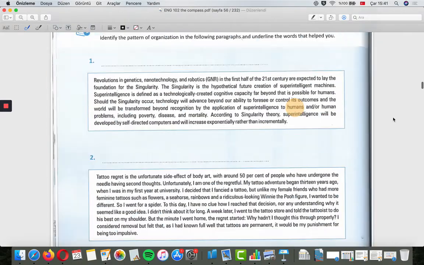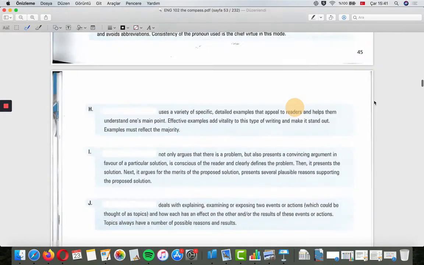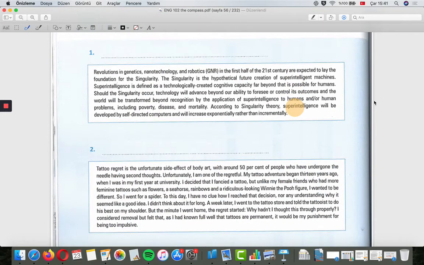And then tell me if they are in any of these patterns or in whatever way of organization it is. But now I will go one by one because I want this to be quite clear. Let's look at the first one.